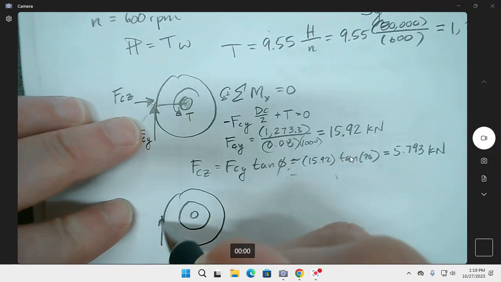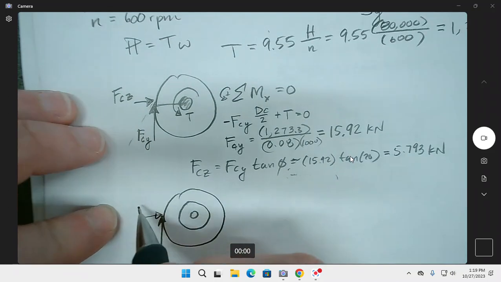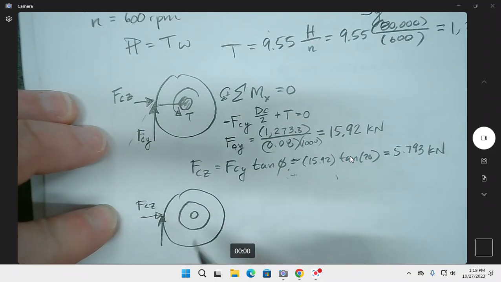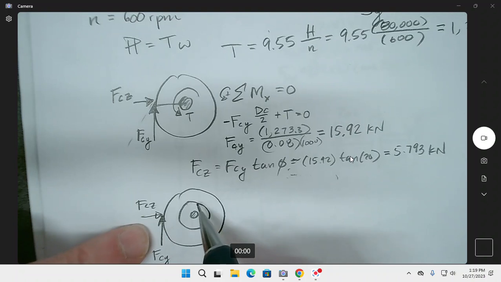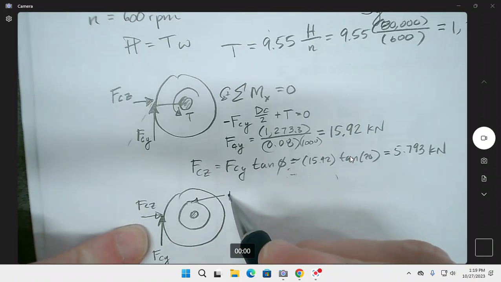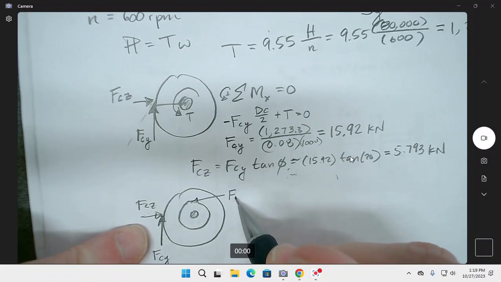we have this going on still, FCZ and FCY. If we're going to balance these things out, this thing has to be in that direction, which we could call FDZ.